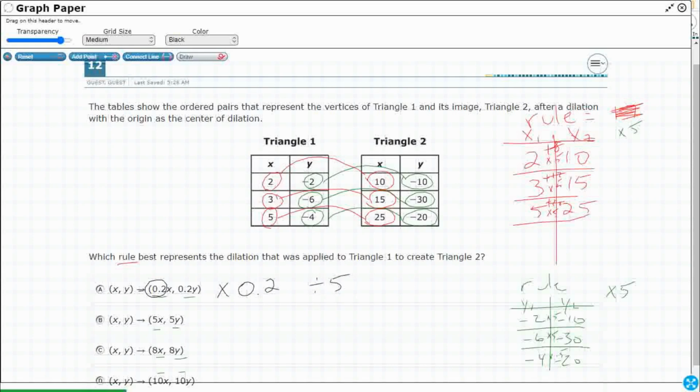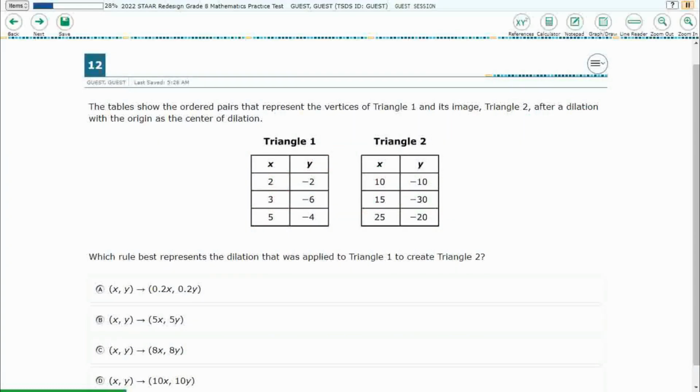So that's not what we're looking for, but if you for some reason wanted to divide by 5, going from right to left instead of left to right, then you could maybe see that, but that's really not what we're looking for here. There you go. There's your times 5, because it's just got 5x, 5y. This is times 8. And then here's your times 10 down here. So you don't really need any of these down here. All that being said, our answer is going to be B, 5x, 5y.